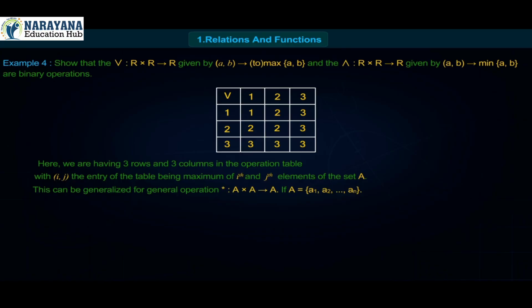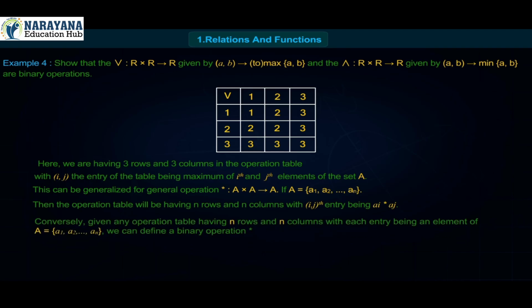This can be generalized for a general operation star from A cross A to A. If A is equal to the set {a1, a2, up to an}, then the operation table will have n rows and n columns with the (i, j)th entry being ai star aj.